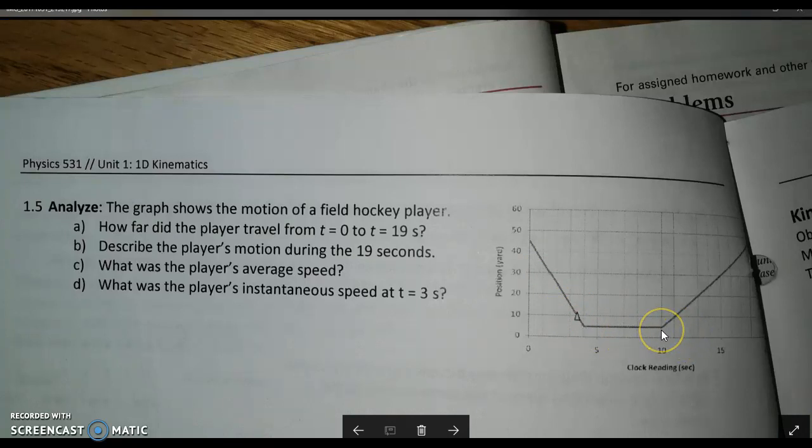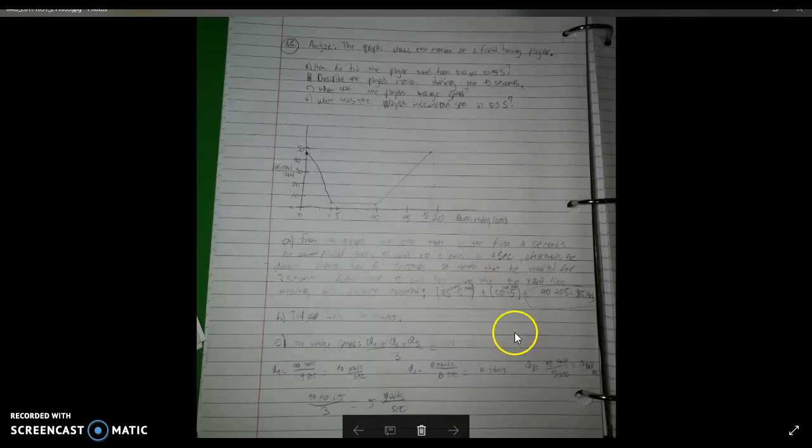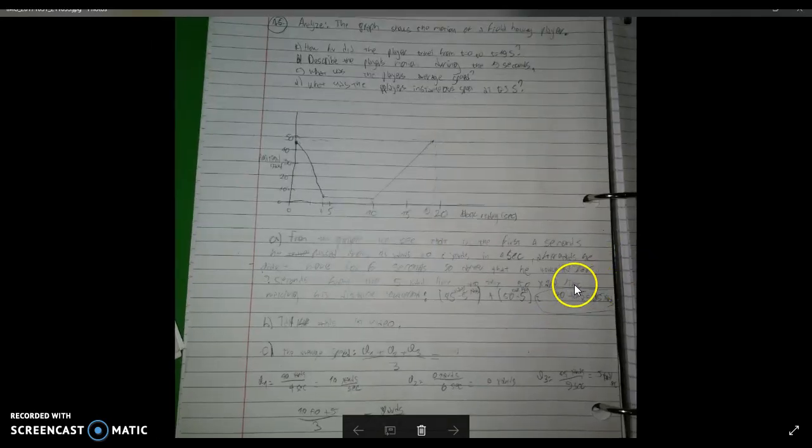From the 10th second to the 19th second, the player traveled from the 5 yard line to the 50-yard line, which makes that 45 yards. So I added those two distances and ended up with a result of 85 yards traveled total.